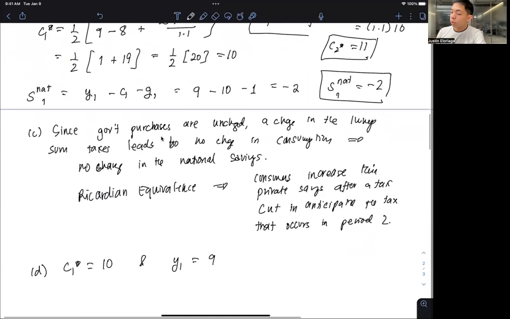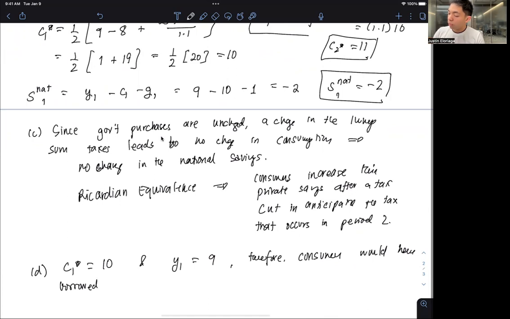Therefore, if there was no credit constraint, the consumer would have borrowed, and that means that A1 is -9.